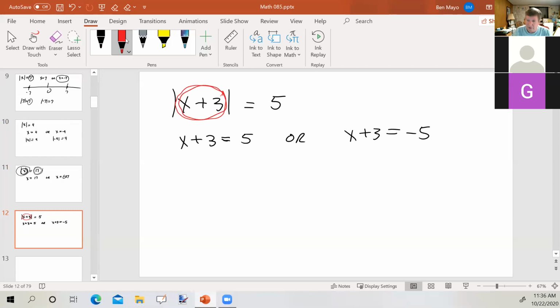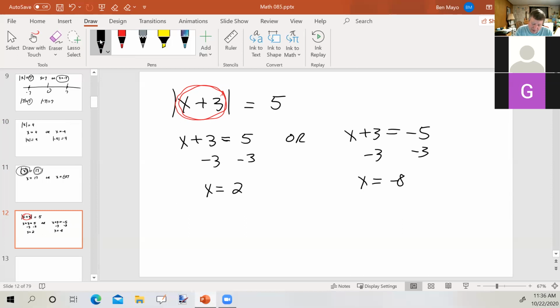If what's inside here equals -5, we take its absolute value, and again, we get 5. But now we need to do some solving further. If x plus 3 equals 5, subtracting 3, we get x equals 2. If x plus 3 equals -5, subtracting 3, we get x equals -8.